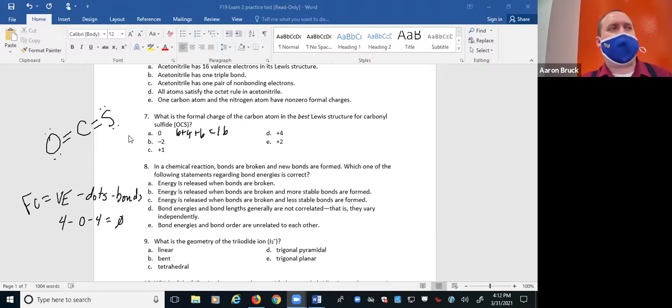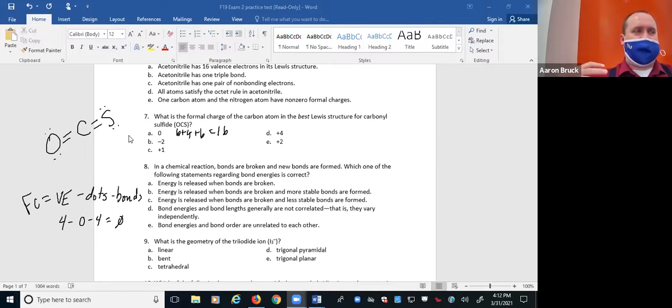Now, we didn't talk too much about this particular concept, but the idea is when chemical reactions take place, you're going to break a whole bunch of bonds, and you're going to form new bonds.